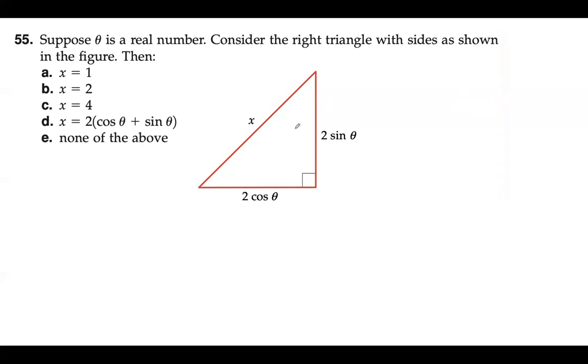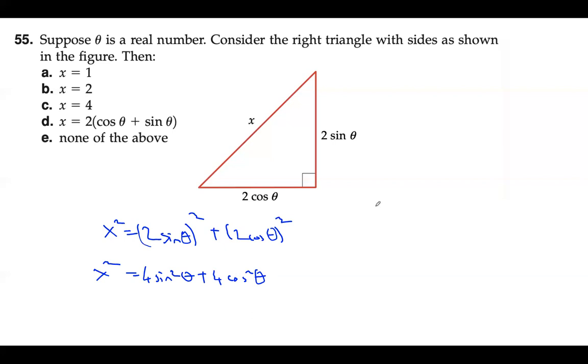So this is a right angle triangle. We can use Pythagorean theorem. So x squared is equal to (2 sine theta) squared. I will use brackets first. Plus (2 cosine theta) squared. It's going to be 4 sine squared theta plus 4 cosine squared theta.